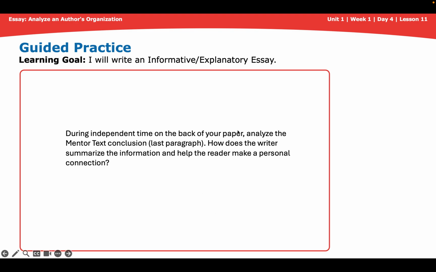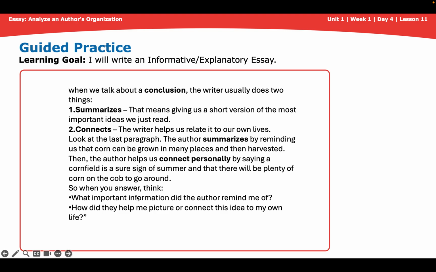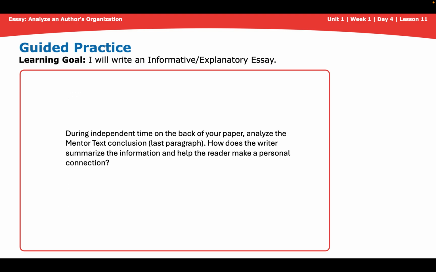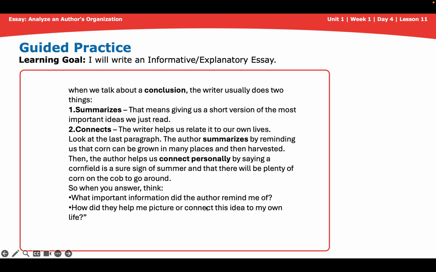So when you answer this question, how does the writer summarize the information and help the reader make a personal connection, on the back of your paper, think about and answer this: What important information did the author remind me of? And how did they help me picture or connect this idea to my own life? Okay, so you are answering this right here, and I give you 2 hints right here.